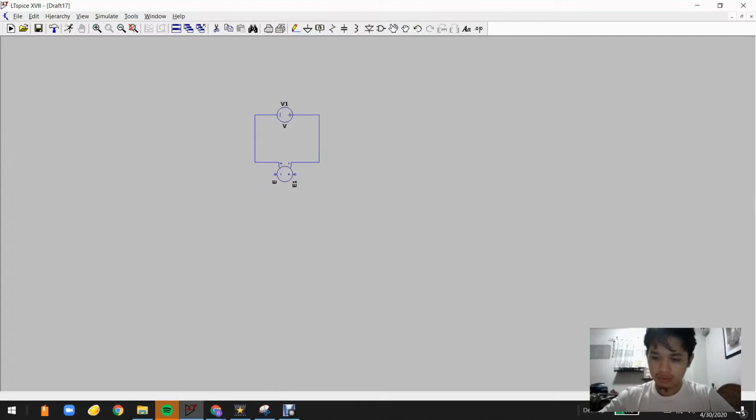There we go. So a dependent voltage source provides a voltage supply whose magnitude depends on the voltage across. So anyway, we're moving on to the next part, which is the full wave rectifier.